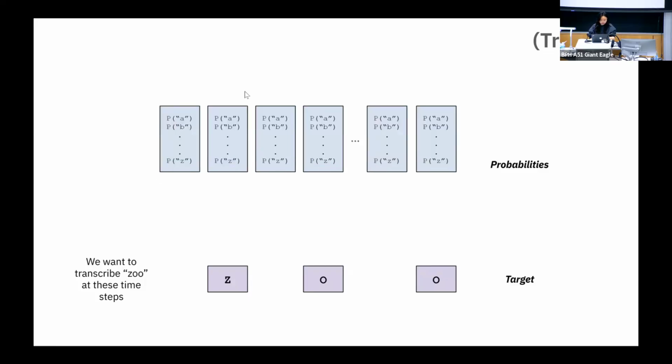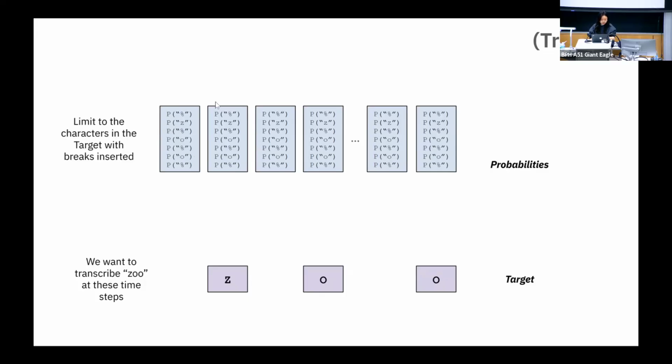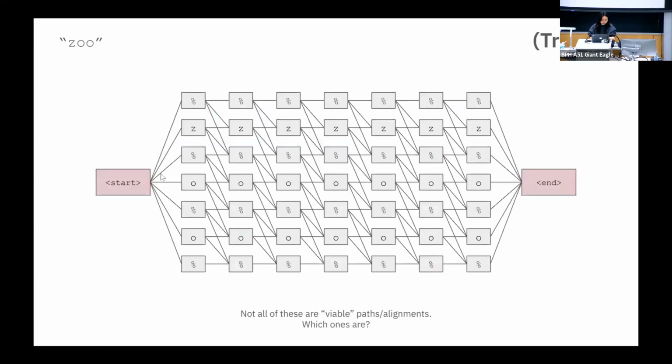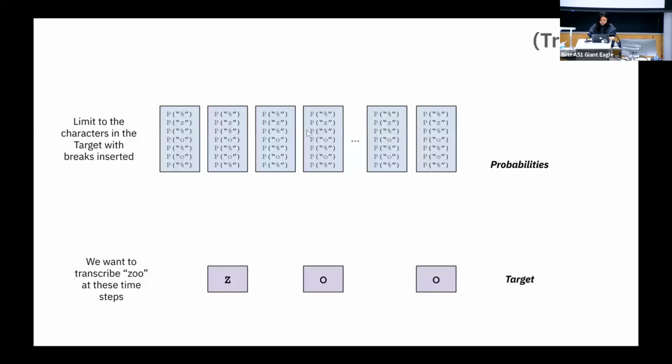You can see our model's output gives the probability over all possible characters at each time step. But here, to simplify the problem, we limit it to the characters showing in the target sequence, ZOO, and also the break notation.